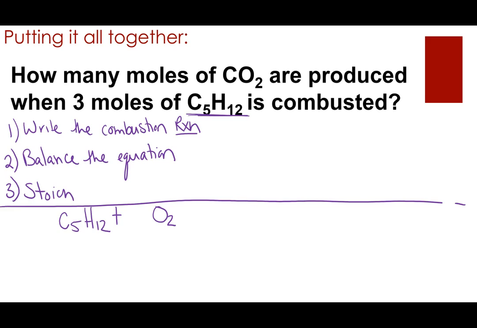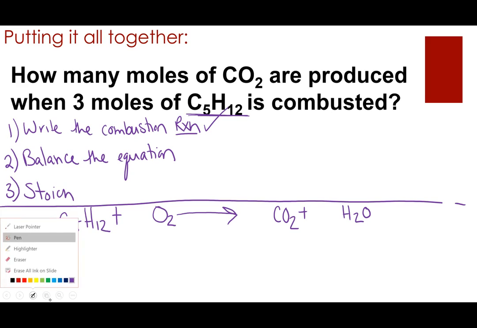Oxygen is a diatomic. To produce. The products for combustion reactions are always the same two products. So one of the products is going to be carbon dioxide. The other product is going to be water. Okay. So there is our combustion reaction. That's the first step. The next step is to balance the equation.